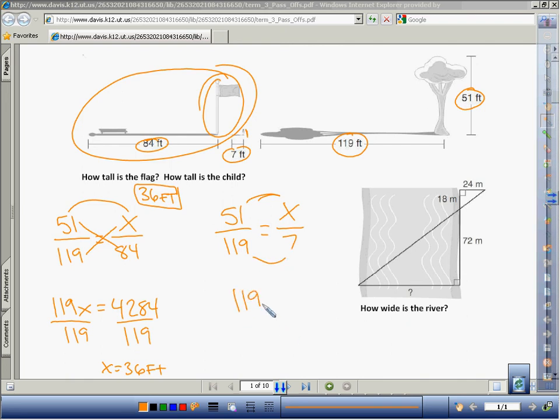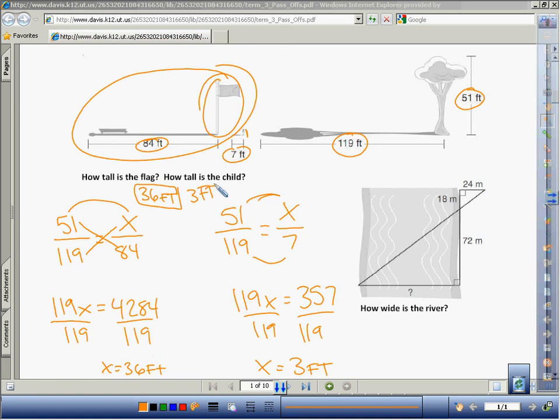And once again, I set this up, and 51 times 7 is 357. And then I go ahead and divide that by 119. 119 and 119. And x ends up being 3 feet.